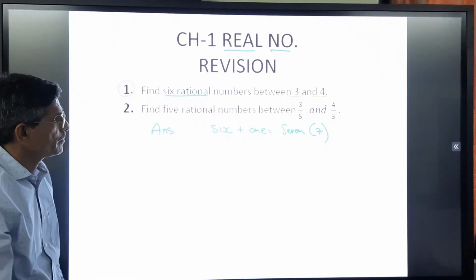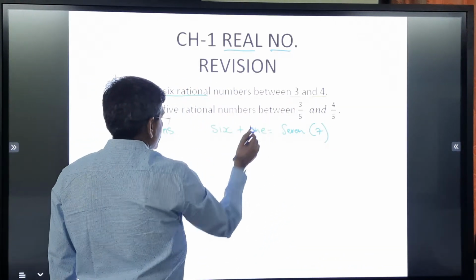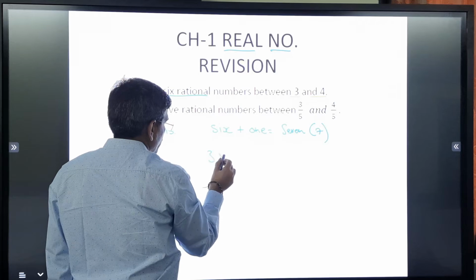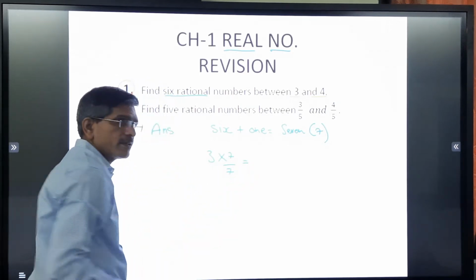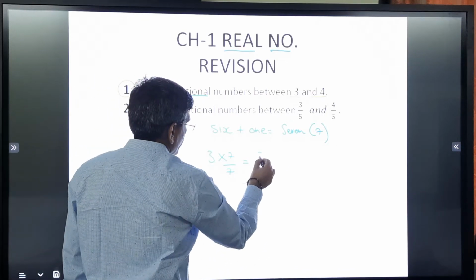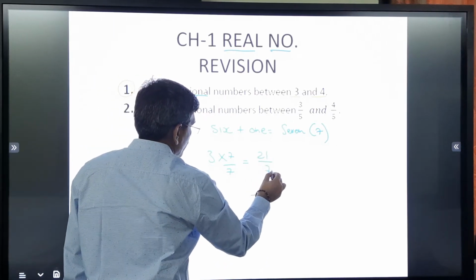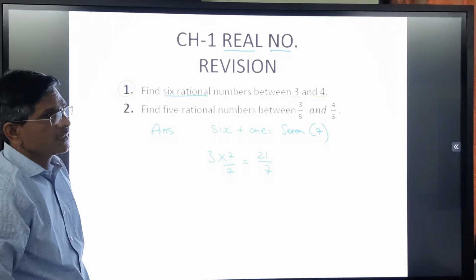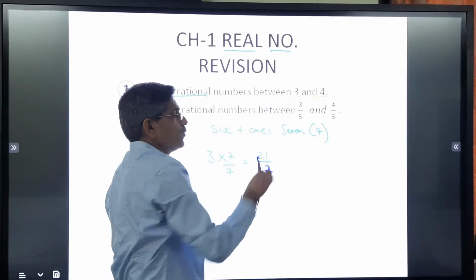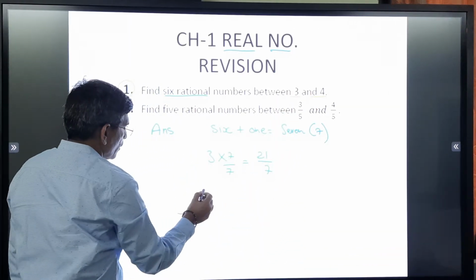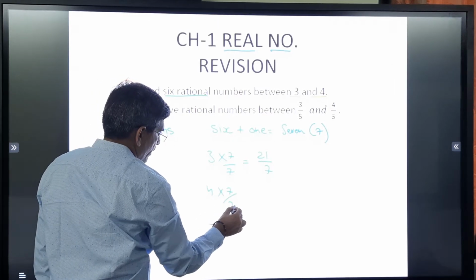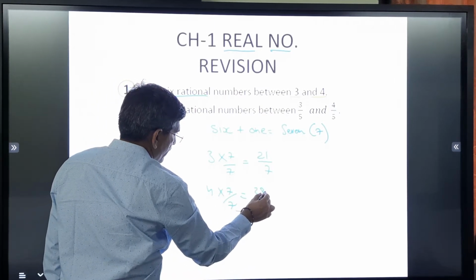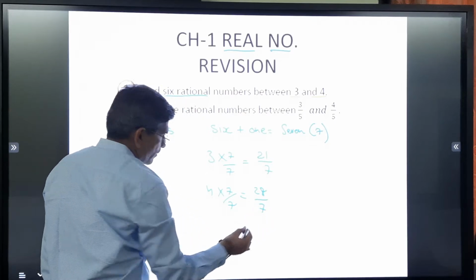I have to multiply the first number, that is 3, numerator and denominator by 7. That is 21 upon 7. The second number is 4. Again 4 multiplied by 7, numerator and denominator, that is 28 upon 7.